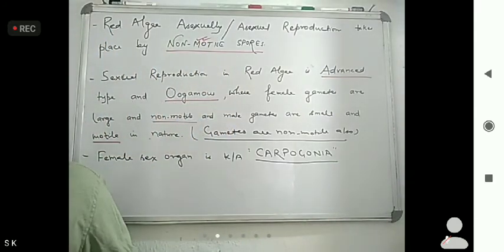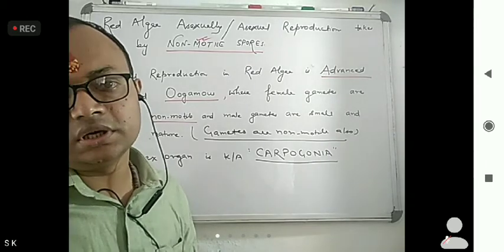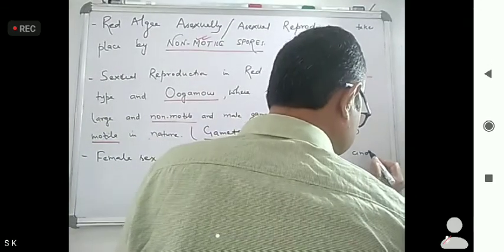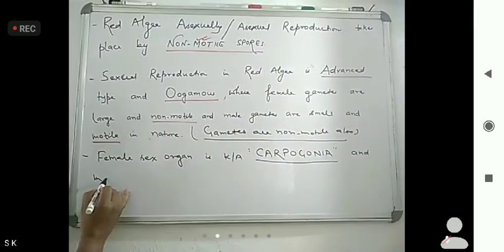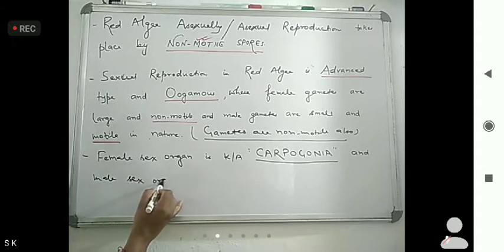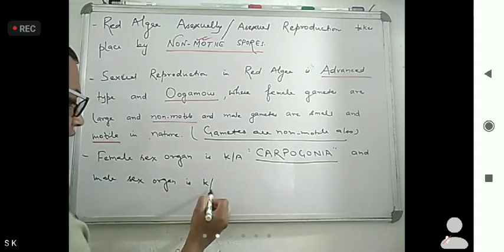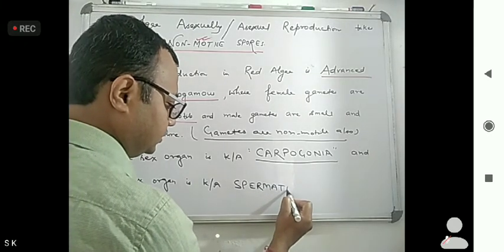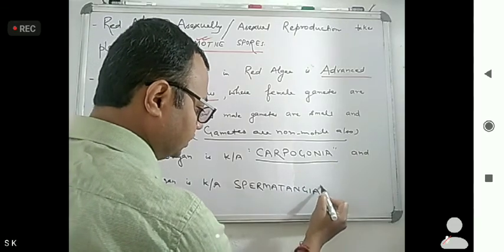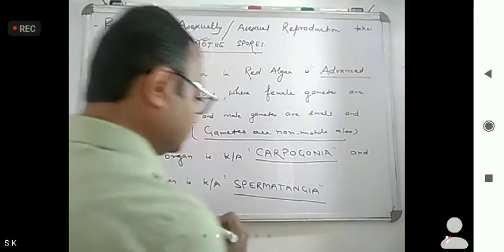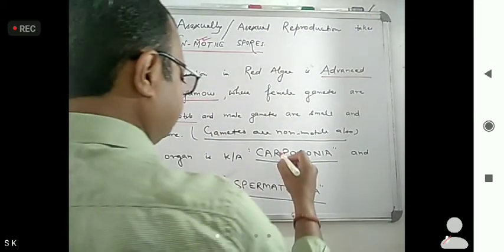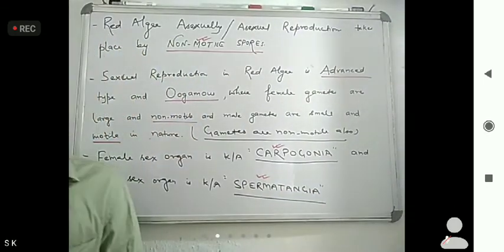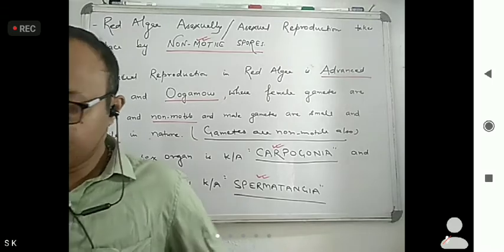Carpogonia, and the male sex organ is known as spermatangia. Okay, so these two terms you have to remember. What? Female sex organ, carpogonia. Male sex organ, spermatangia.